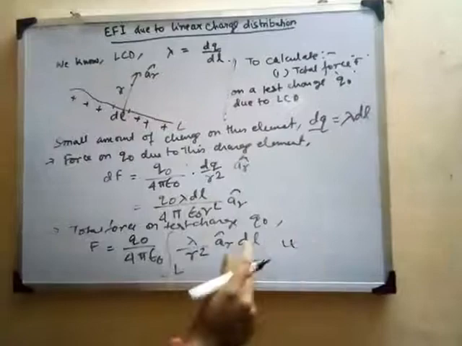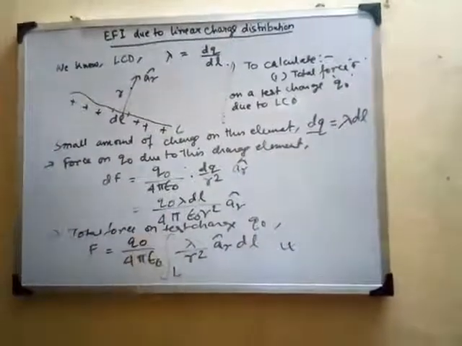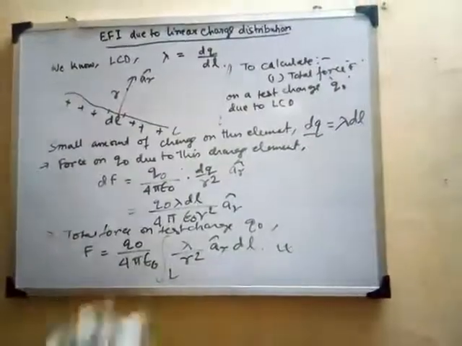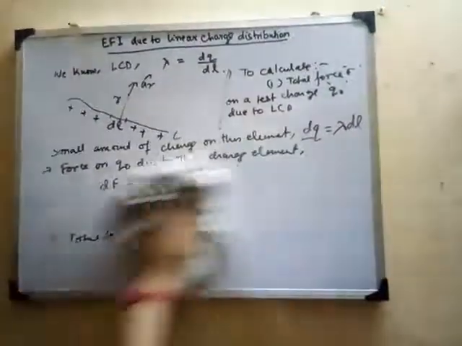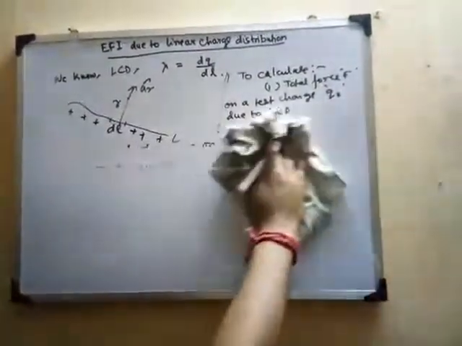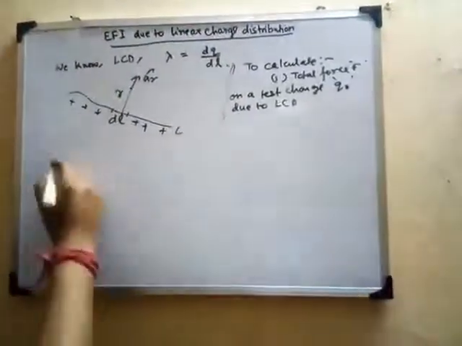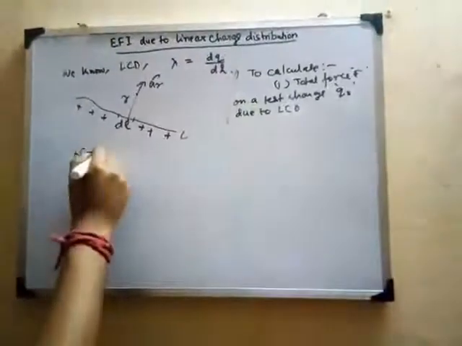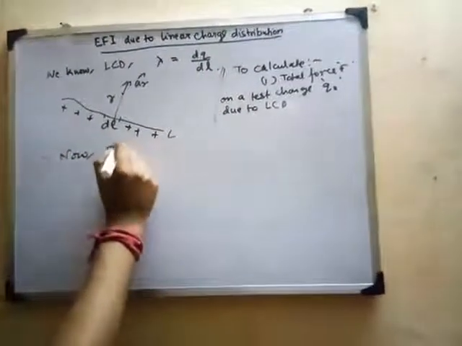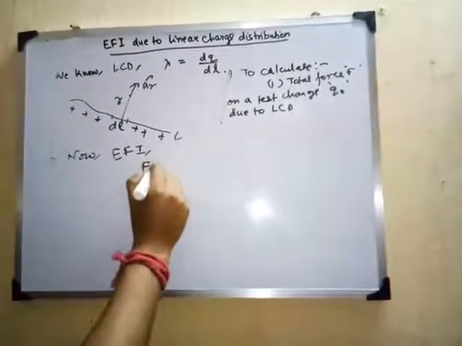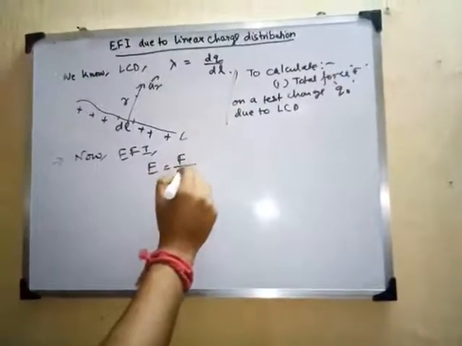And now since this is the expression of force, now we will calculate the EFI. So let us write EFI. We need some space. Let me make some space. So now EFI we will calculate. EFI will be given as E equals F by q naught, right?